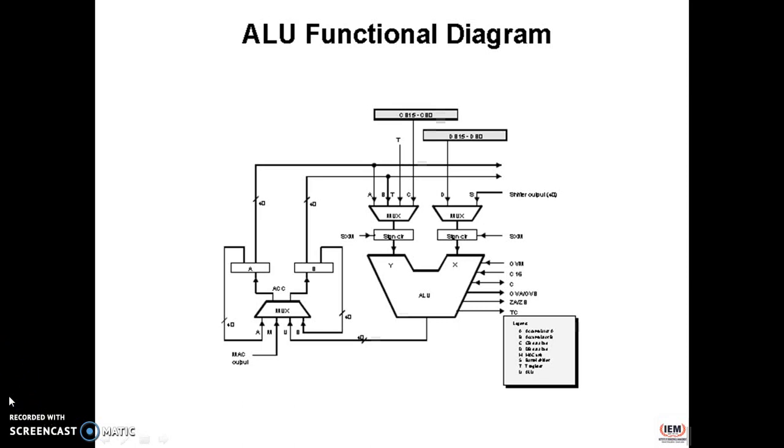Now we are coming to the next unit, that we already mentioned, CSSU, basically the compare, select and store unit.